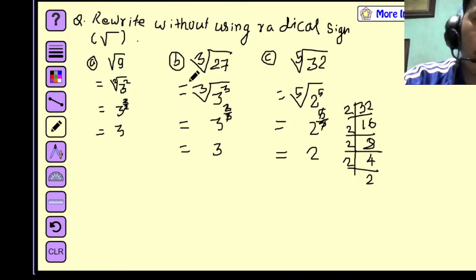Okay, how to cancel this radical symbol? This type of question will help you.